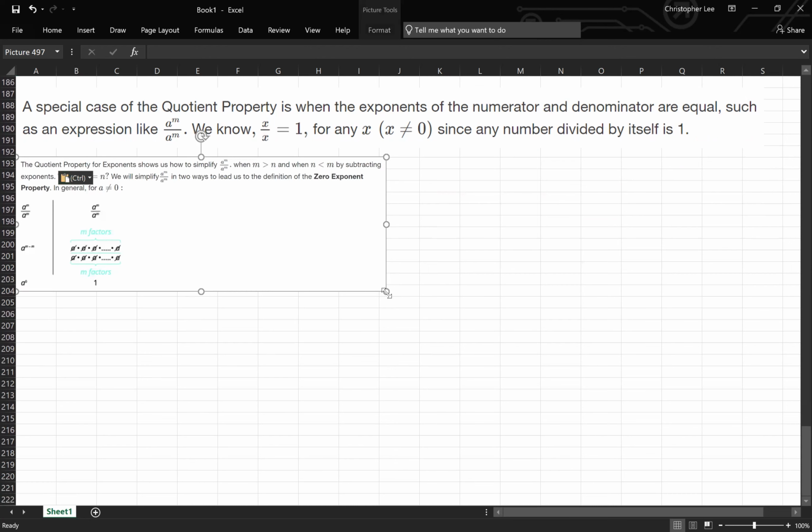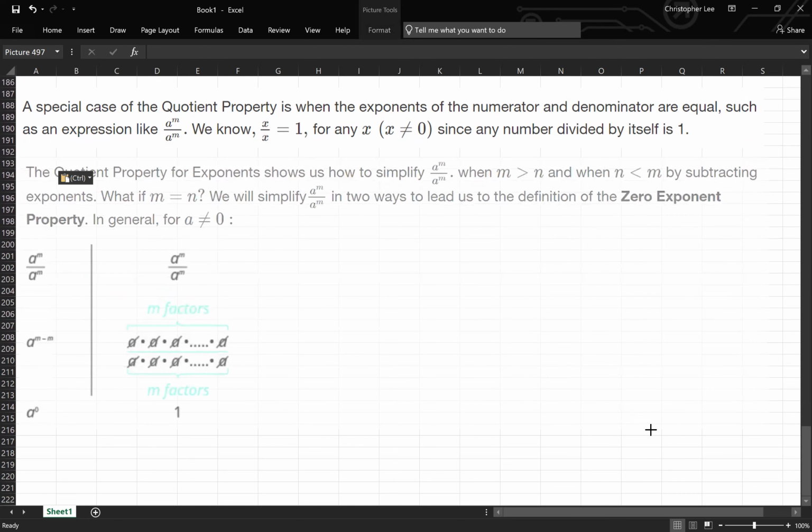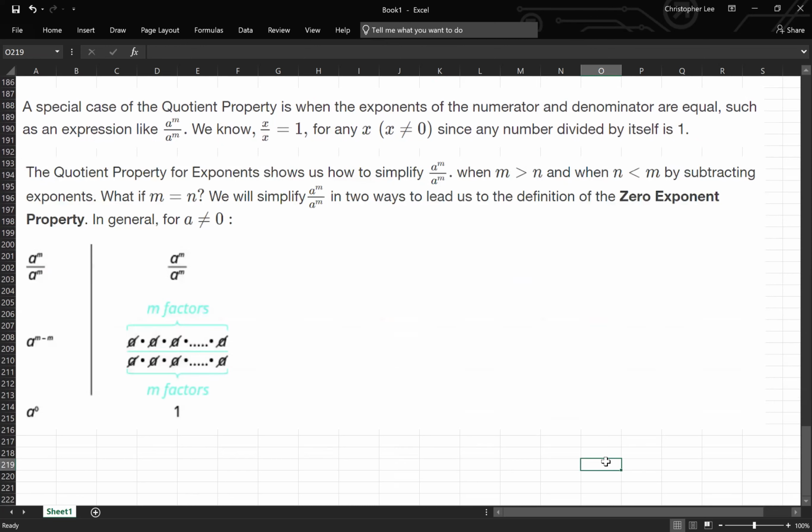All right. So the quotient property for exponents shows us how to simplify a to the m divided by a to the n, when m is greater than or equal to n, by subtracting the exponents. What if m is equal to n?